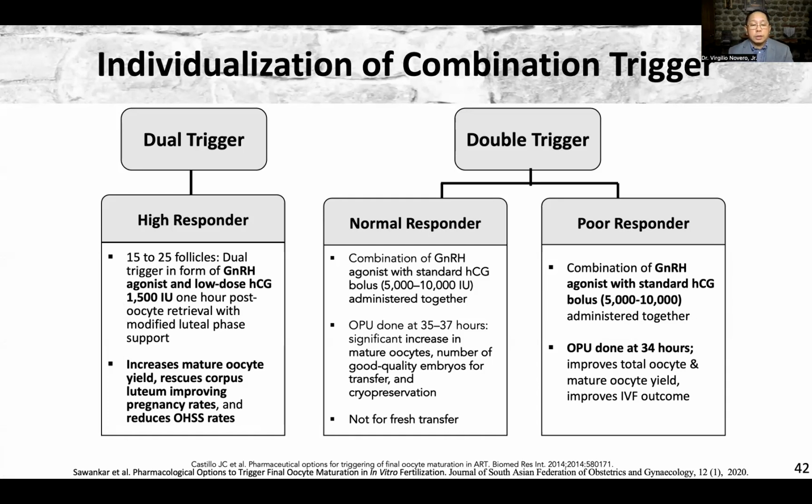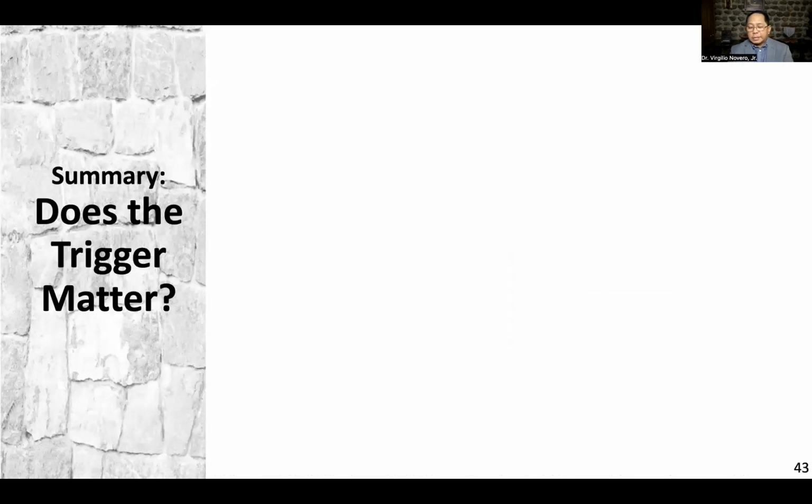You will result in much more mature oocytes, more good quality embryos, and more for cryopreservation, but this is not intended for fresh transfer. And finally, for your poor responders, your GnRH agonist with standard HCG is given, and it will result in more total oocytes and mature oocytes retrieved with better IVF outcome. So that was my last slide.